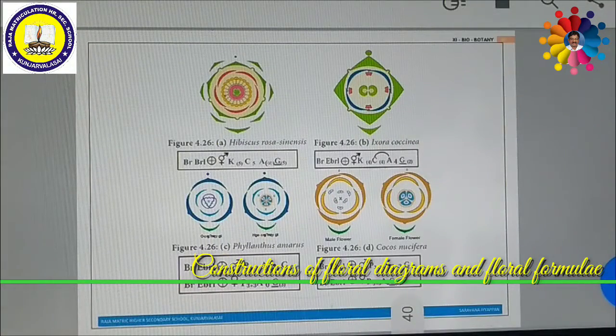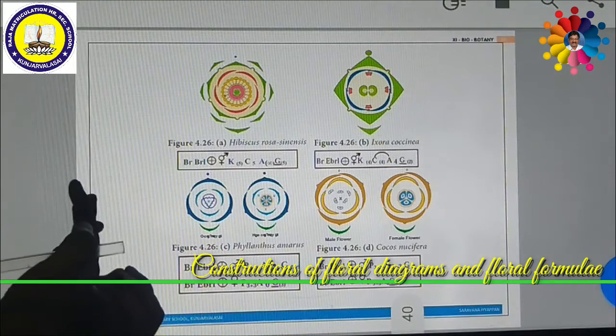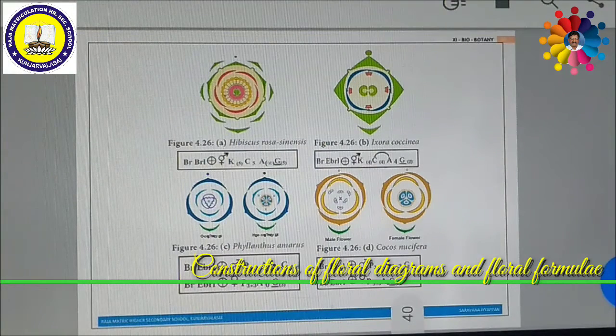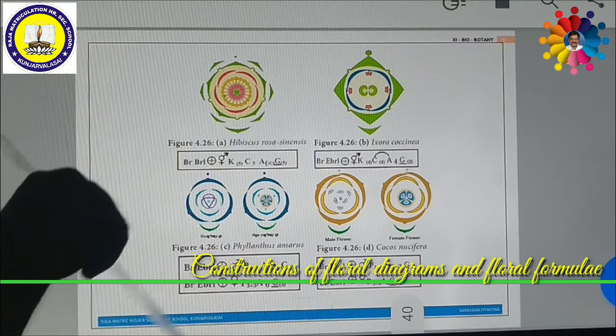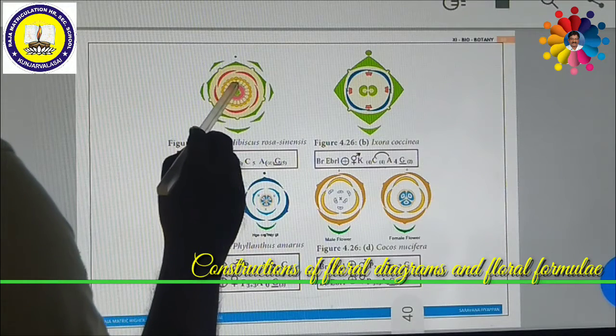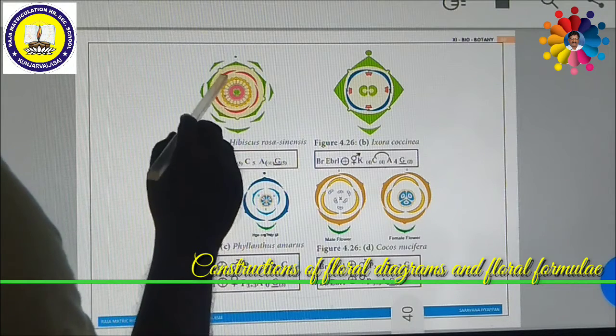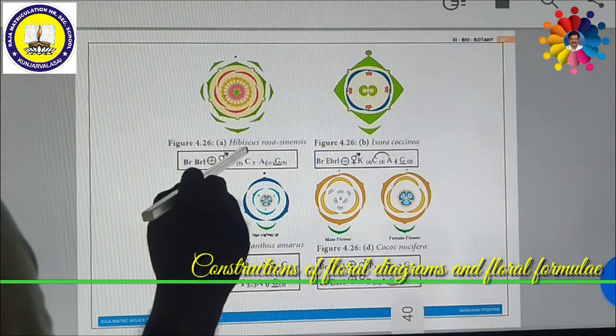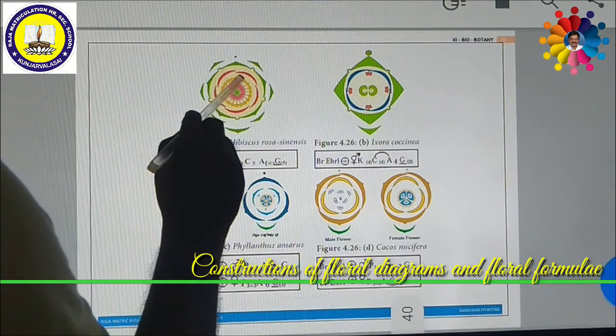Now we are going to see about the floral diagram. If you take a bud of the flower, if you see from the top, it will resemble like this. In hibiscus flower, if you cut a bud of the hibiscus, at the center it is gynoecium, it is pentacarpellary and multilocular, which is having monoadelphous.